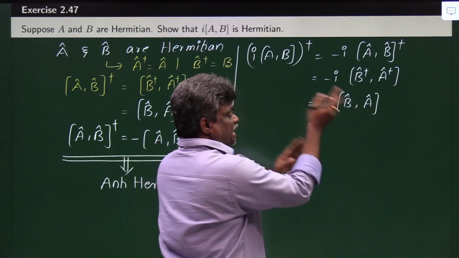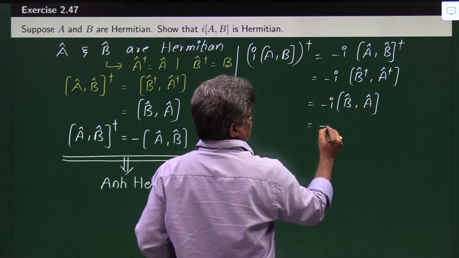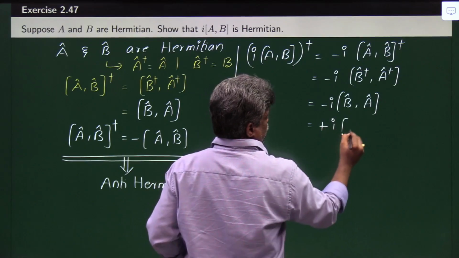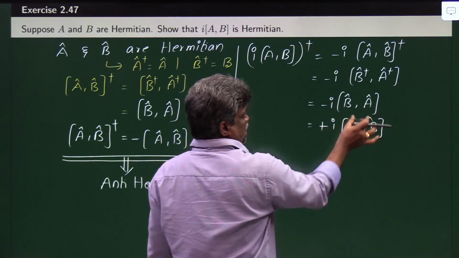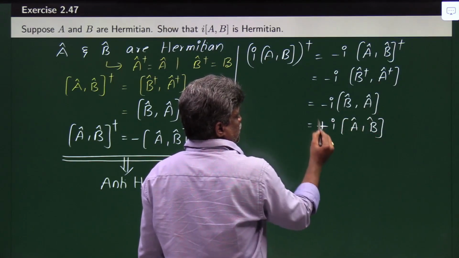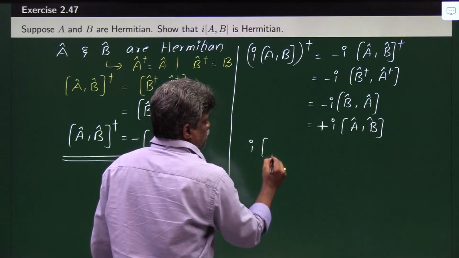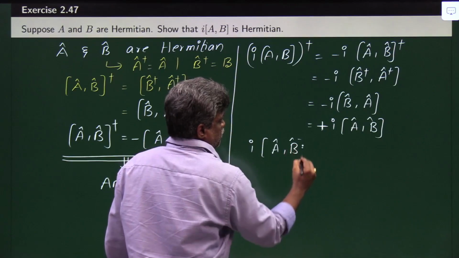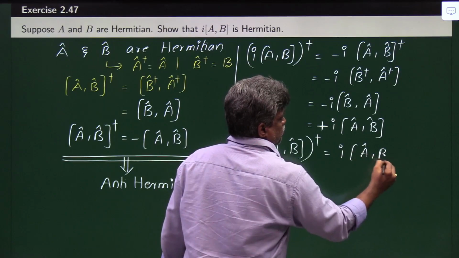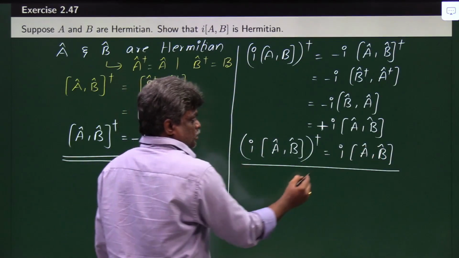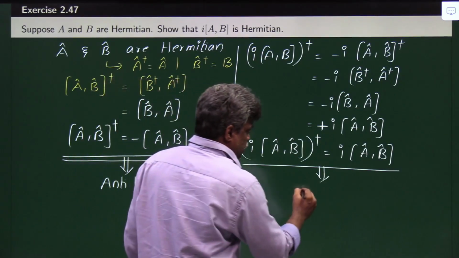Again I am using the antisymmetric property: [B, A] equals minus [A, B]. So minus minus plus iota [A, B]. So finally iota [A, B] whole dagger equals iota [A, B]. Something whose dagger equals itself is Hermitian, or self-adjoint.